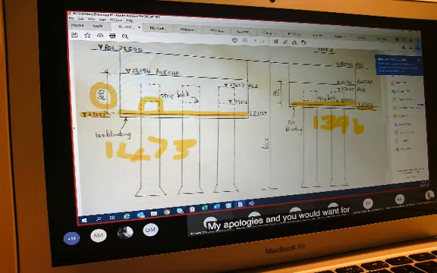The reason for that is that it would be exposed, my apologies, and you would want that finish to be a pleasing or aesthetically pleasing one. So when we measure smooth formwork to the sides of our pile caps, it will be measured in meters squared.